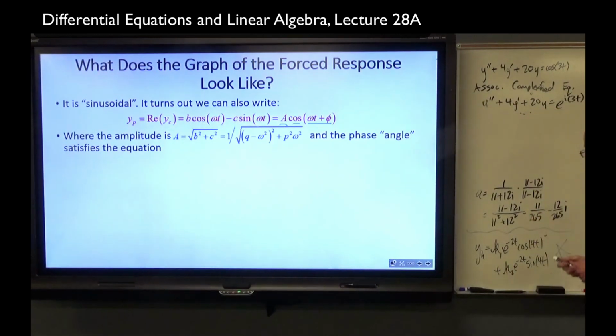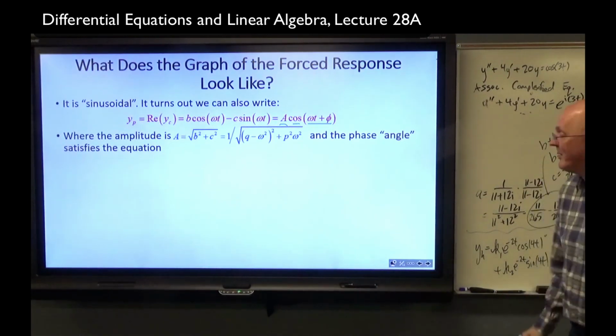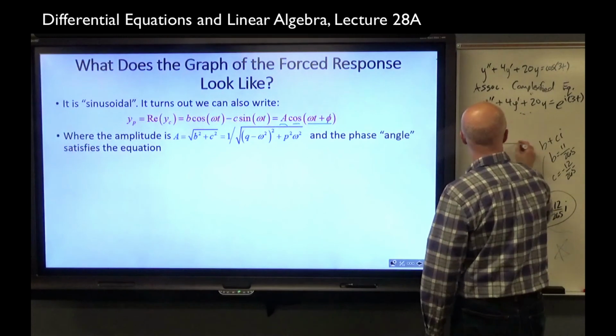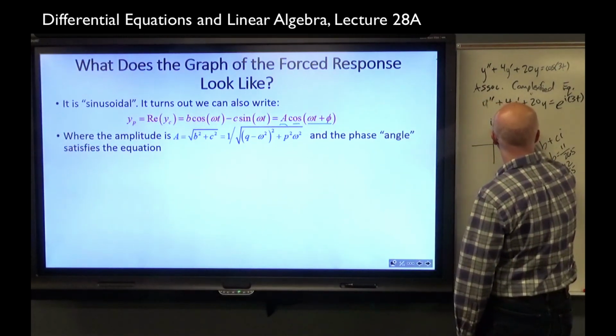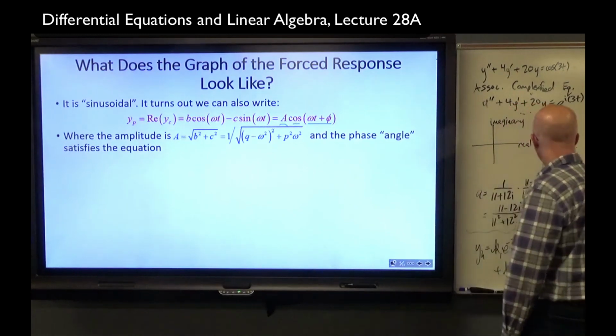For our example, this was b plus ci. So b is 11 over 265 and c is negative 12 over 265. If you plot that complex number in the complex plane, where this is the real axis and this is the imaginary axis, well, for one thing, it'll be very close to the origin.